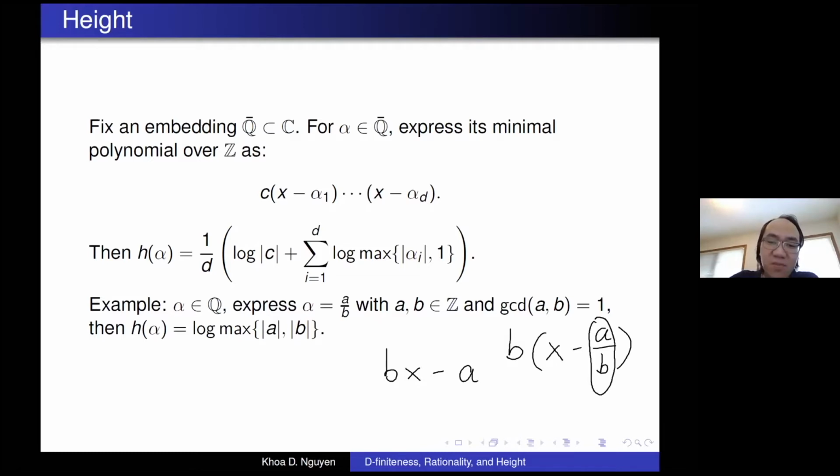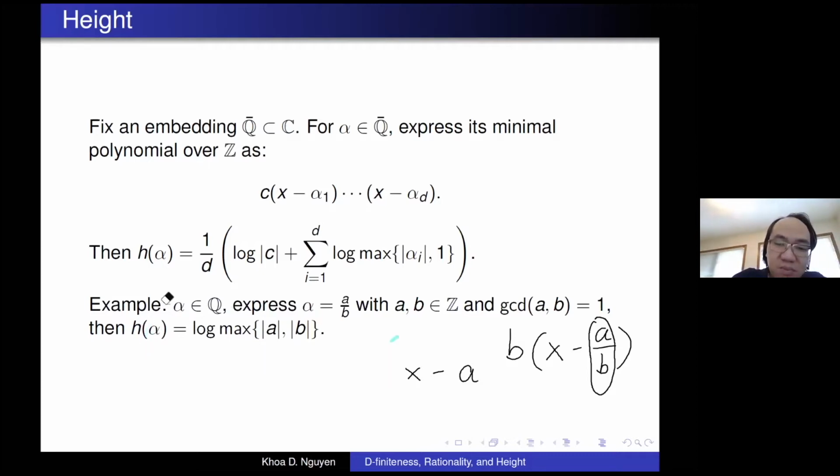So the end result is going to be this quantity, log max of the absolute value of a, absolute value of b. And one considers this as some sort of arithmetic complexity of your algebraic numbers. So if you have a bigger height, it means you are more complex than a number with a smaller height.